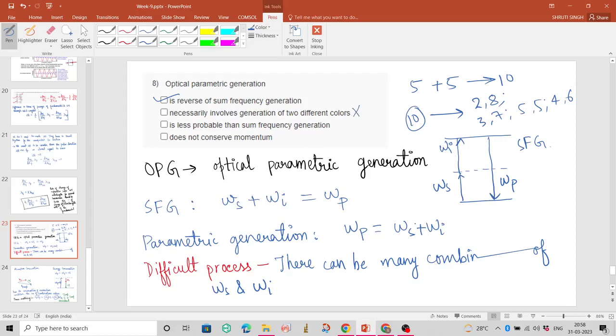Depending upon the temperature and the refractive index, it can be the same. Is less probable than the same frequency generation? Yes, it is less probable because here we have to take care of the temperature, the angle, the refractive index. It does not conserve momentum? No, this is false because momentum conservation happens here as well. So for this question, the answers are A and C.